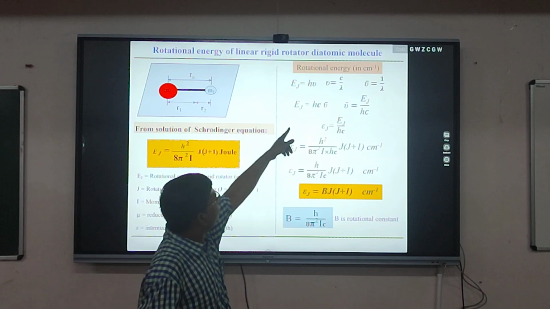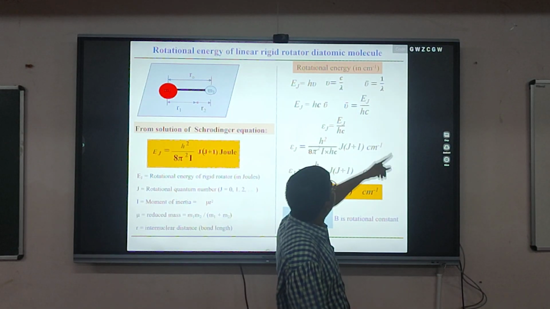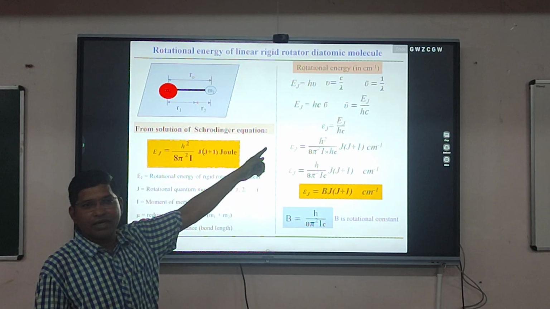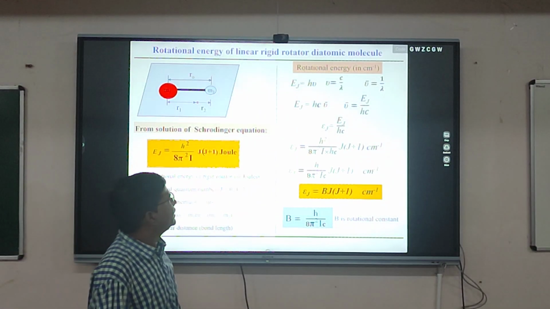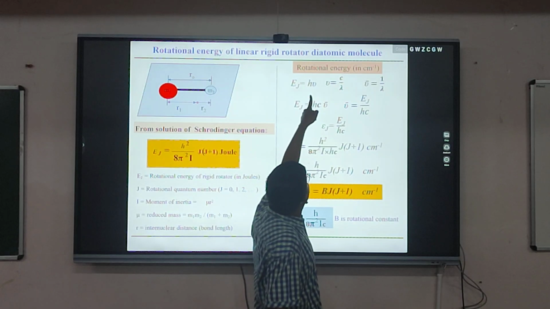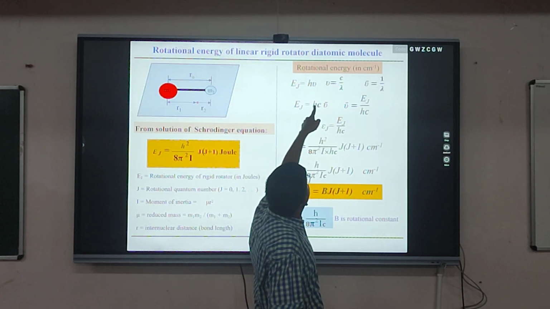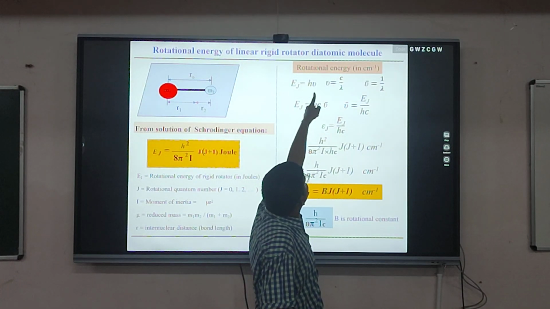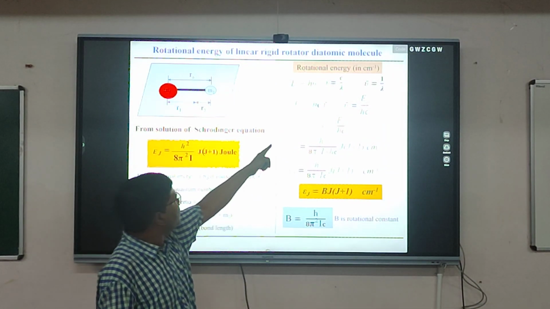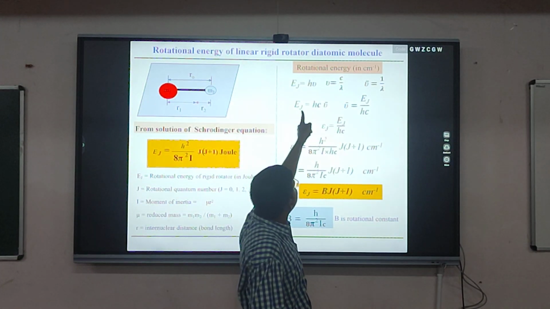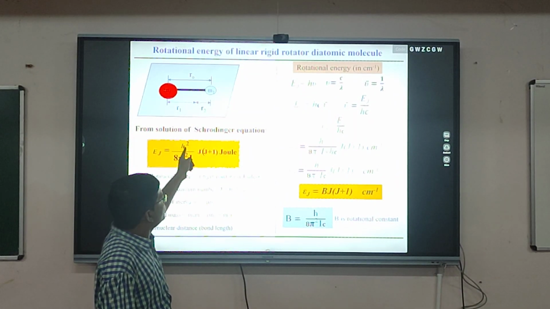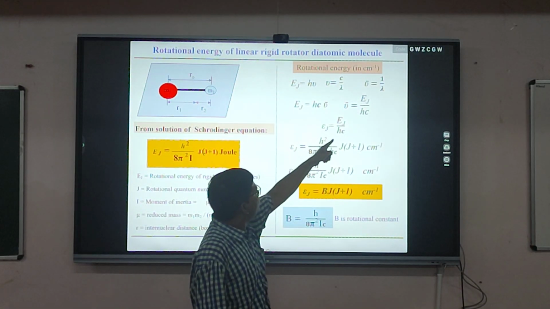Then 1 by lambda equals nu bar, which is called the wave number. Then we can write Ej equals h c nu bar, so nu bar equals Ej by hc. Then we convert this joule into wave number.